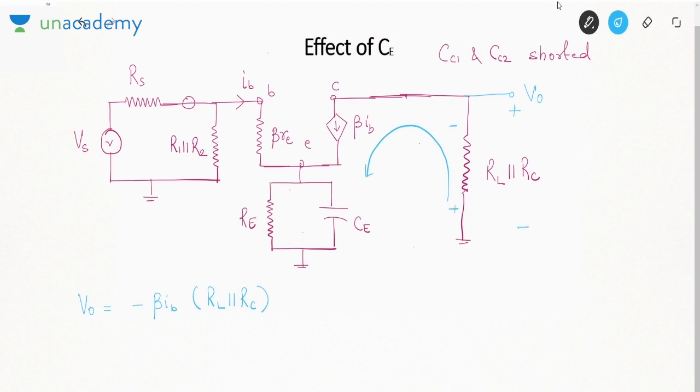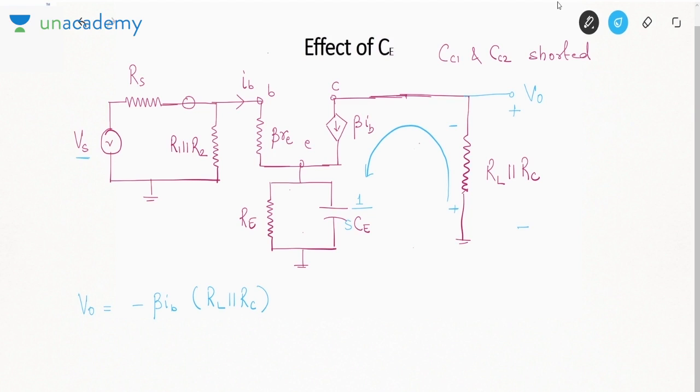But again I need the voltage gain or the transfer function V0 by Vs. For that I will change this capacitance into 1 by SC. That is, I am going into Laplace transform. So how to find this V0 by Vs? Okay, what should be the step?